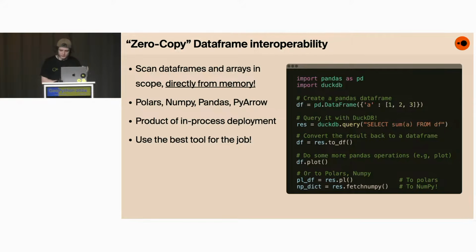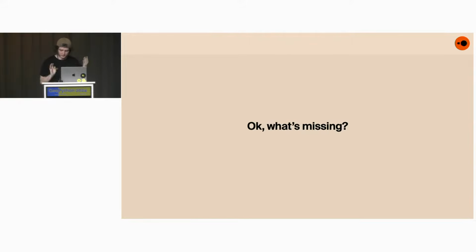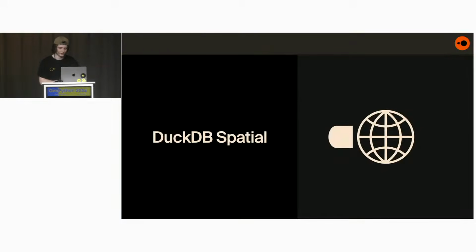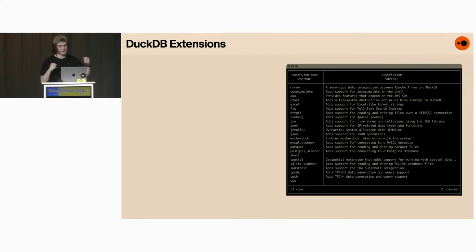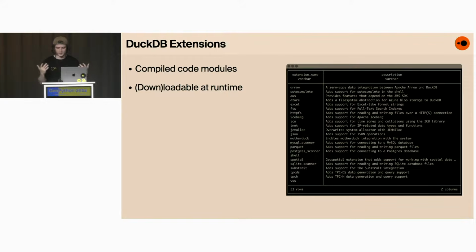All right, so far, what's missing? Spatial support, of course. So DuckDB has this thing called DuckDB Extensions. These are basically compiled code modules, I guess, or plugins maybe. They are downloadable or loadable at runtime directly from within DuckDB, and they can provide types, functions, operators, optimizer rules, scans, all kinds of crazy stuff.